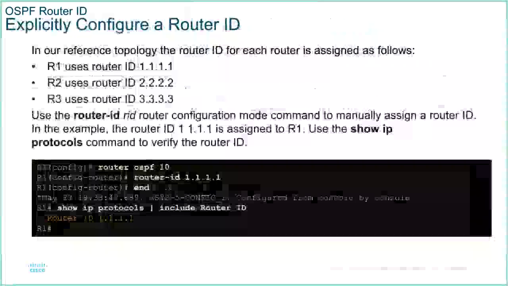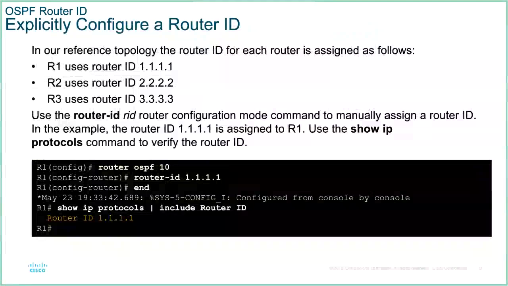Now, this process, as in which ID it uses, it chooses that when you start the process. Okay, so get all your interfaces and all that pre-configured, and then come in and do your routing protocols, how you should be doing it.